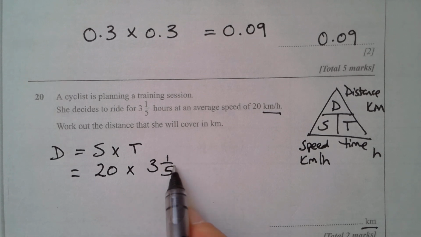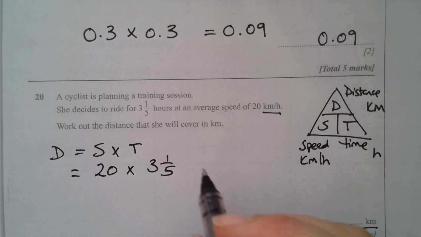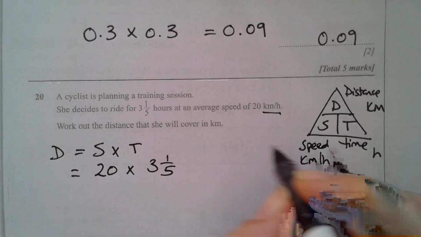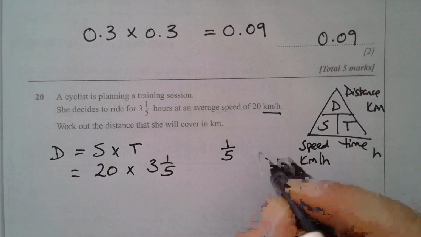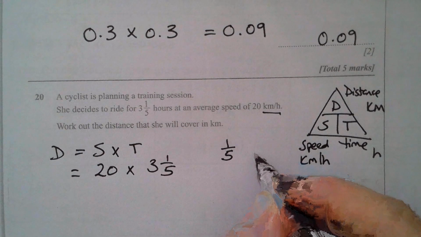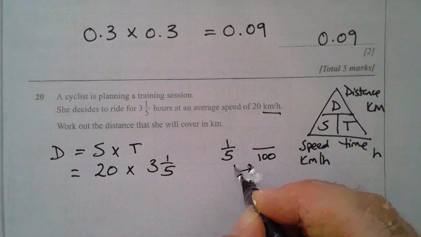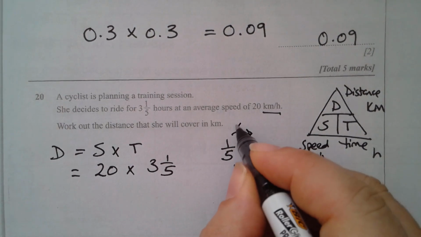Just trying to think the best way of turning that into a number that we can use. A fifth of a whole, if we work that into a decimal, we multiply by 20.